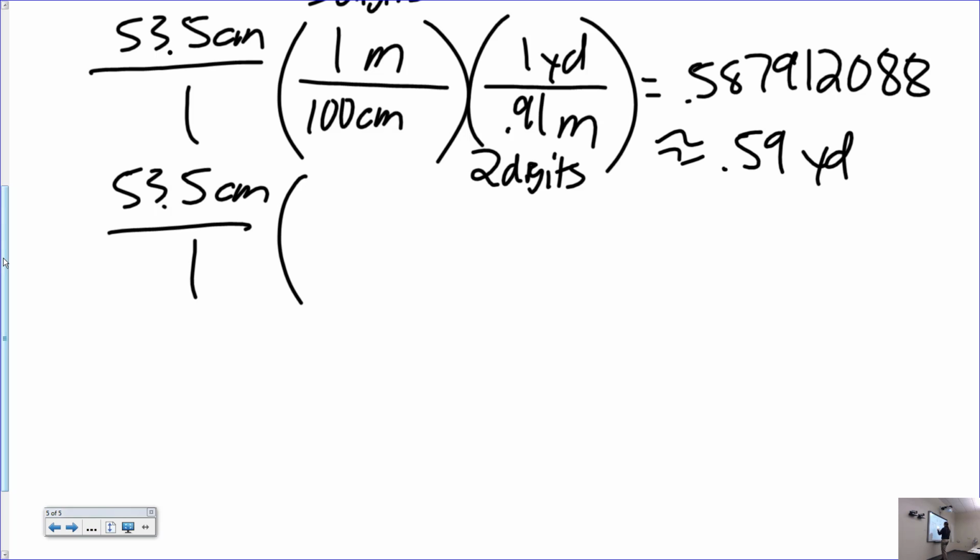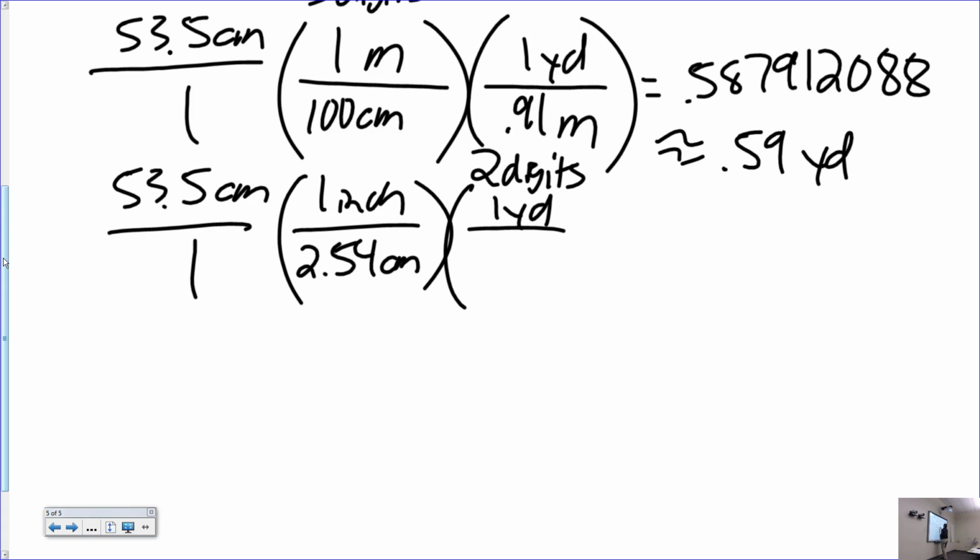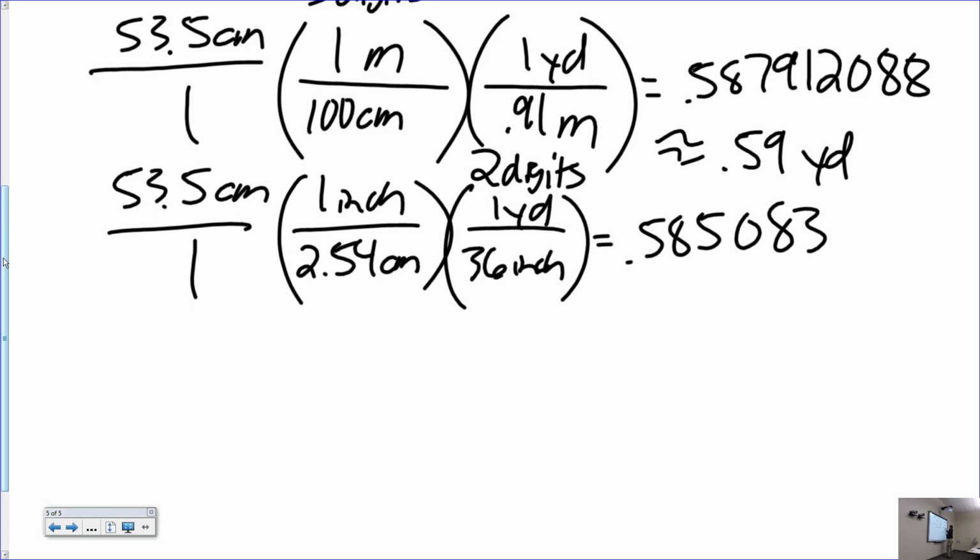So you could have said, well, there is 1 inch in 2.54 centimeters, and then in 1 yard there are 36 inches. And this is 0.585083115. 1 inch, 2.54 centimeters. This, folks, is exact.